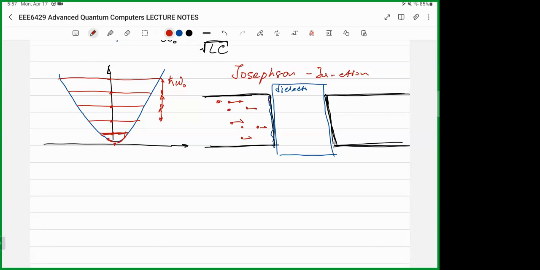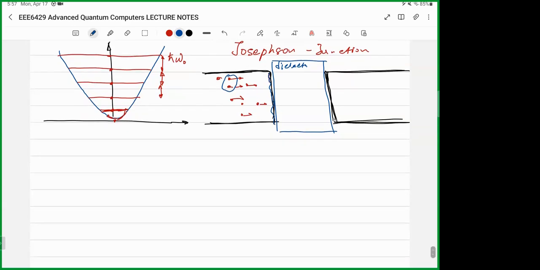So let me draw this schematically like this. For example, if I have two electrons, even though they have the same sign, right? They are both negative. So this interaction cannot be because of the electrostatic interaction. This is actually due to the interaction of electrons through the crystal structure.